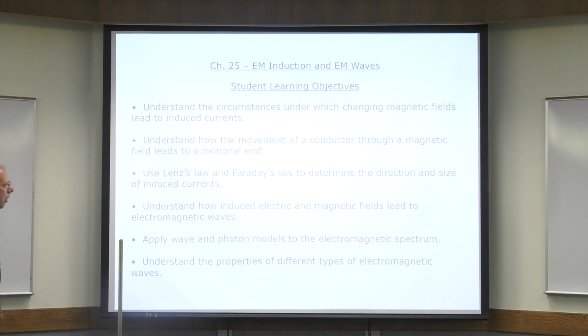Use Lenz's law and Faraday's law, so there's two new laws of nature, to determine the direction and size of induced currents. Understand how induced electric and magnetic fields lead to electromagnetic waves. Apply wave and photon models to the electromagnetic spectrum. Understand the properties of different types of electromagnetic waves.